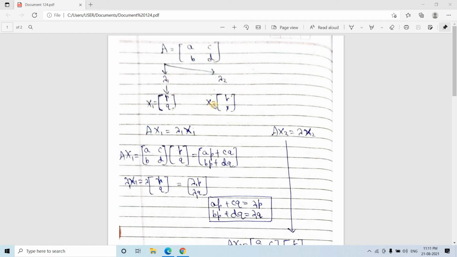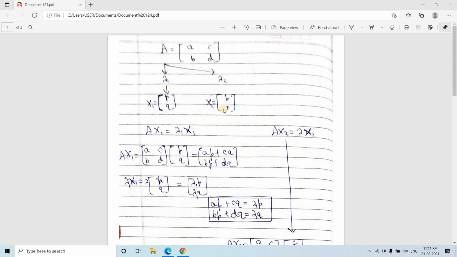And these x1, x2 are eigenvectors, and lambda 1 and lambda 2 are the corresponding eigenvalues. That means if you apply this transformation matrix A on the vectors x1 and x2, the outcome will be another vector whose direction is the same as x1 and x2.